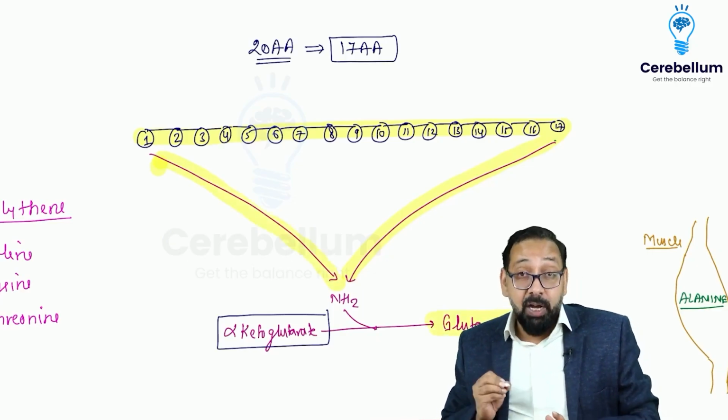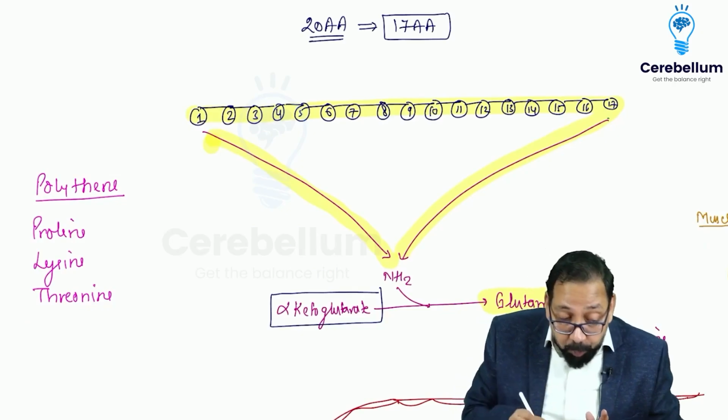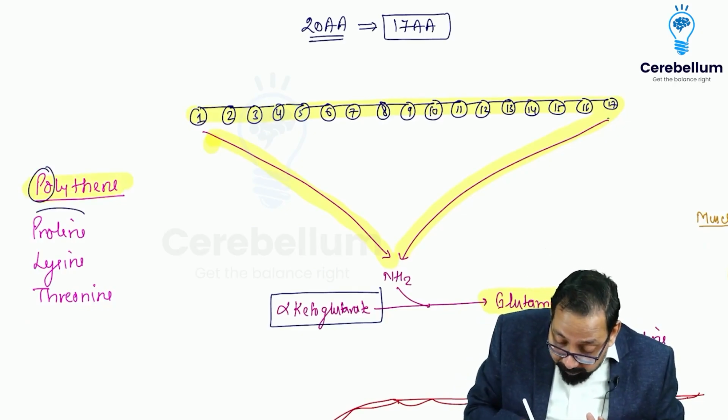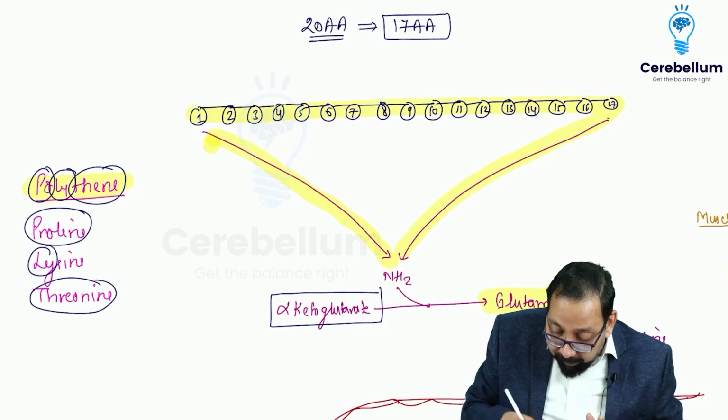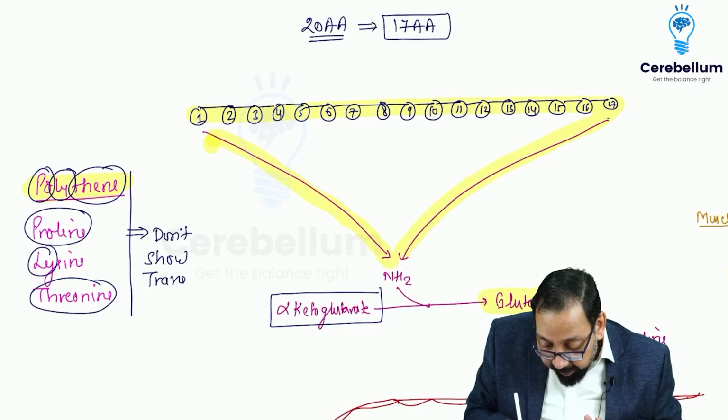A question is asked: which amino acids don't show transamination? The mnemonic is polythene. Po for proline, Li for lysine, thene for threonine. Out of 20 amino acids, these 3 don't show transamination.